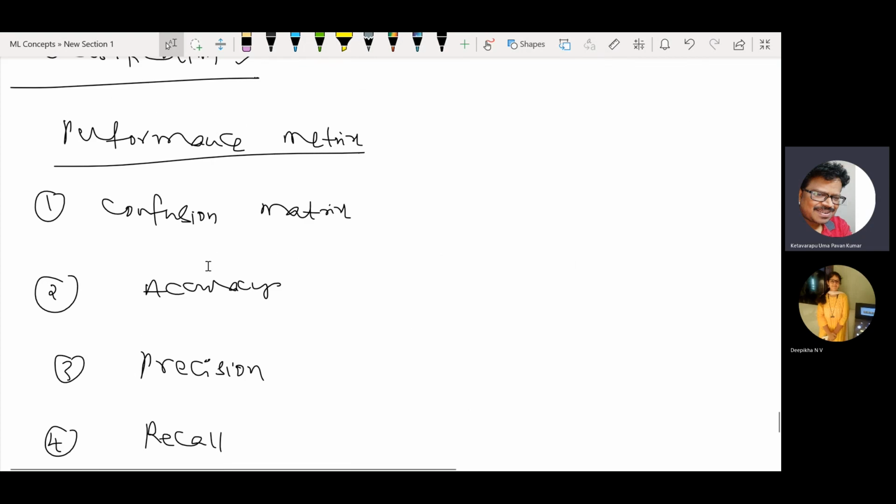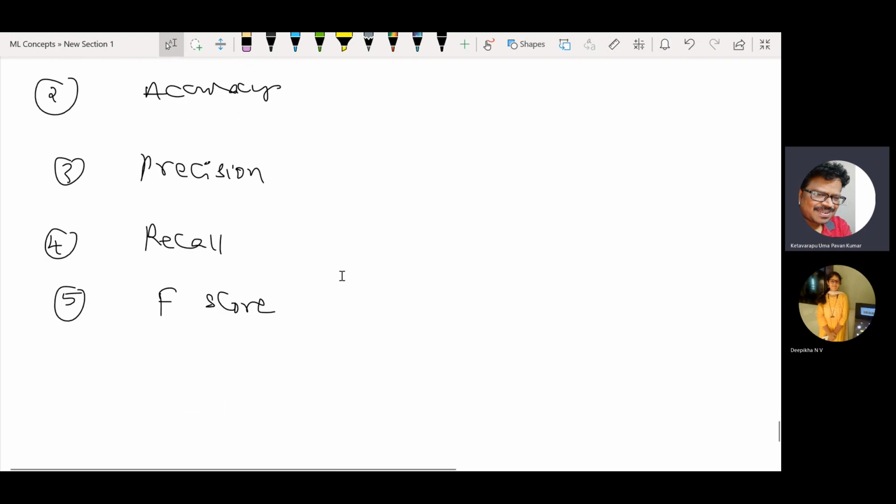Now let us discuss one by one, because once we see the measures of regression, there is a chance of observing the measures of classification also. For that, we have these things: performance metrics, confusion matrix, accuracy, precision, recall, and F measure or F score.